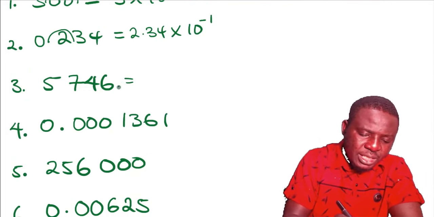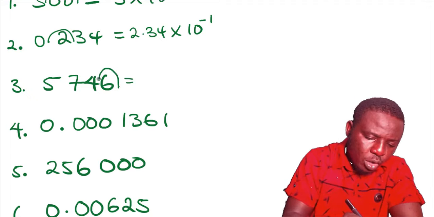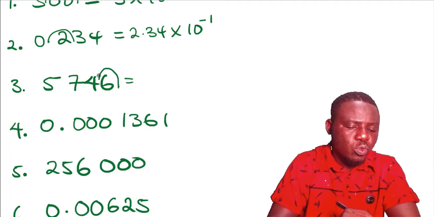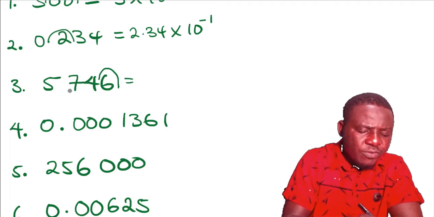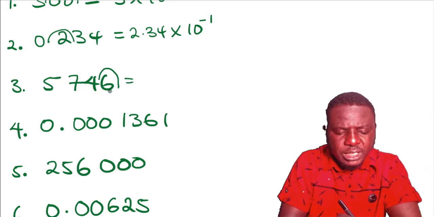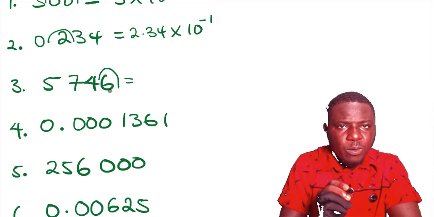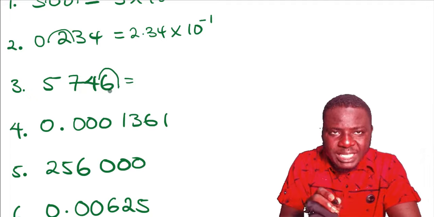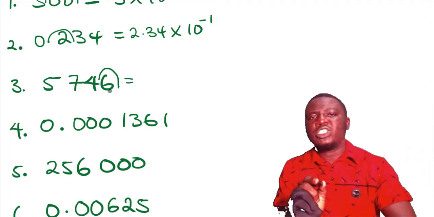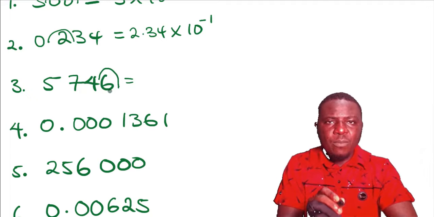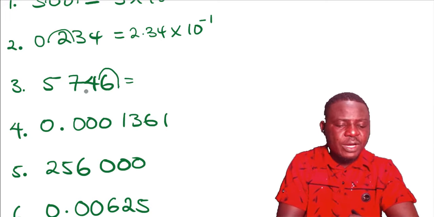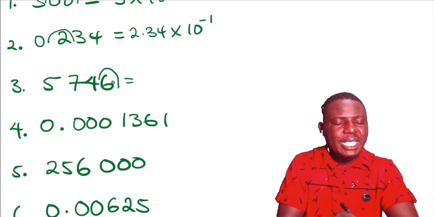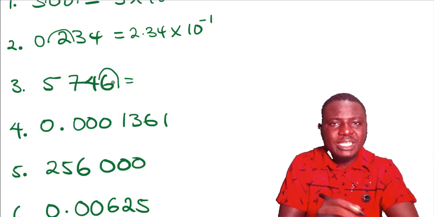So expressing this in standard form, some of you said, let me move it once. But if you move it once, this becomes 574.6, which is still too big to fit the condition. The condition says A must be a number that falls between 1 and 10. 574.6 is greater than 10.